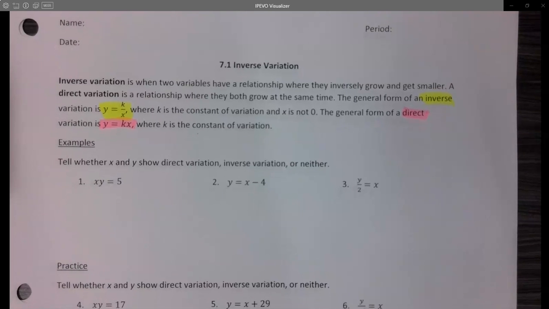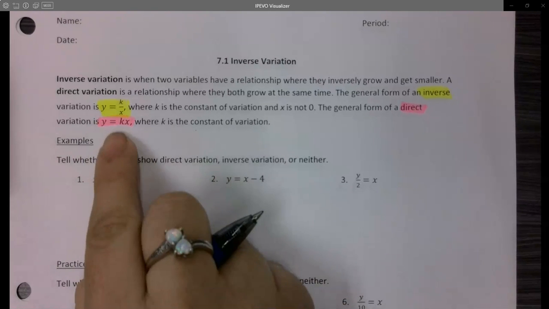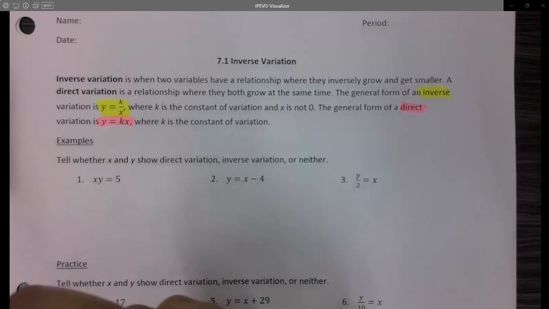Okay. So number one wants me to tell whether x and y show direct variation, inverse variation, or neither. So all I need to do on these is get y alone and then see if it looks like the yellow or pink equation or none of them.